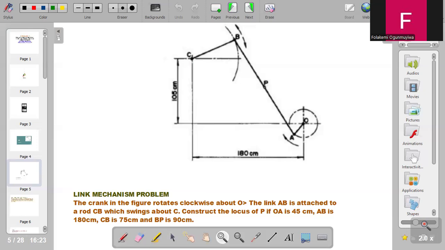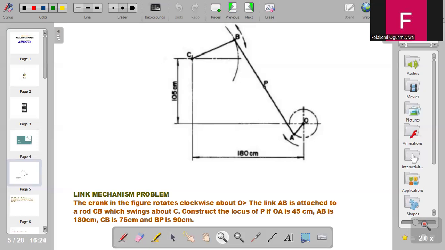This is point P. If OA is 45 centimeter, AB is 180 centimeter, CB is 75, and BP is 90 centimeter. So we are given the following information to make use. We have CB given as 75.